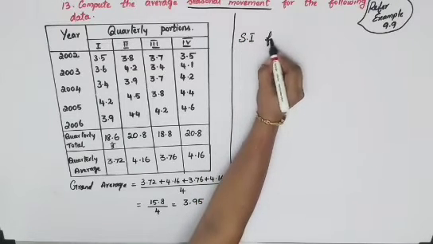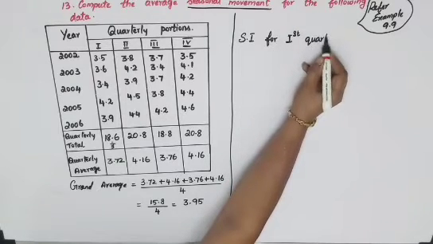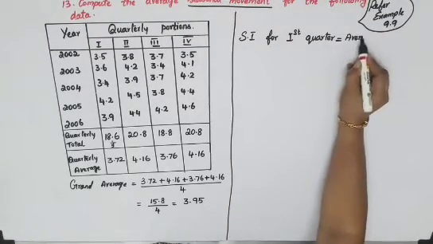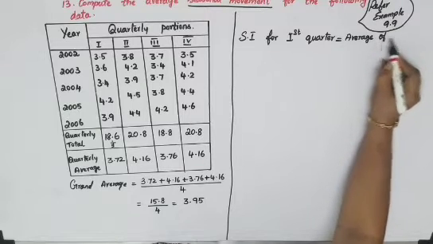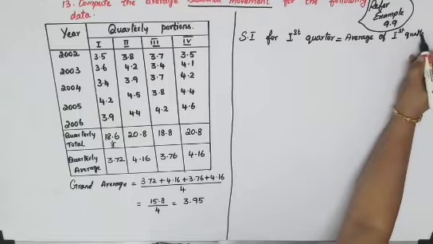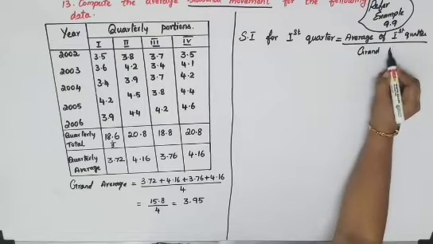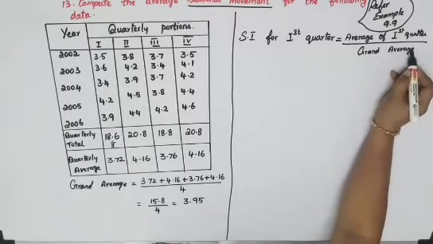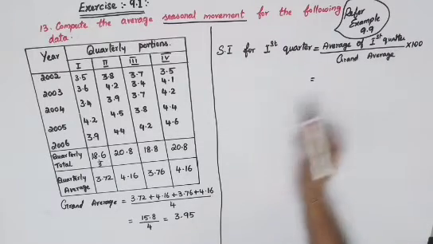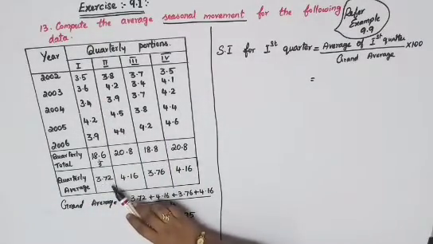Seasonal index for first quarter is equal to average of first quarter divided by grand average into 100. So that is the average of first quarter, we have got it here, first quarter quarterly average, and that for your first quarter it is 3.72.